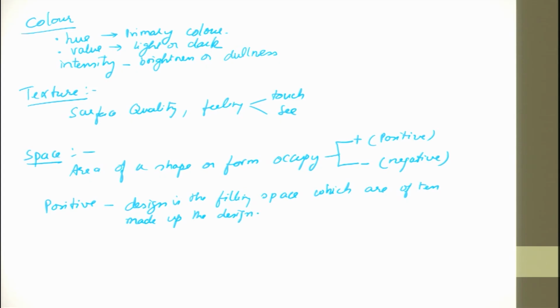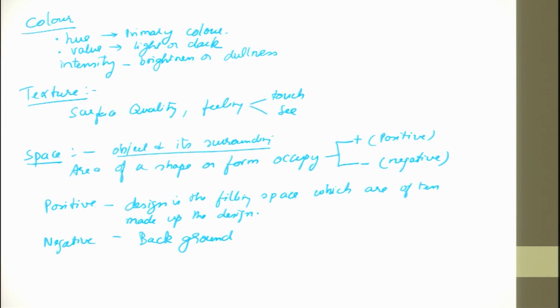Okay. Negative shape, what is negative shape? Negative shape is nothing but the background itself. The negative shape is designed. So, negative or positive, it is very important, because here we talk about the object and its surrounding.